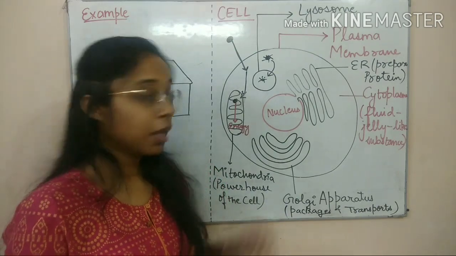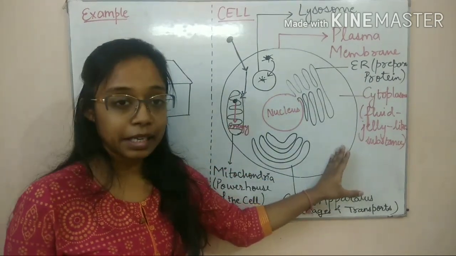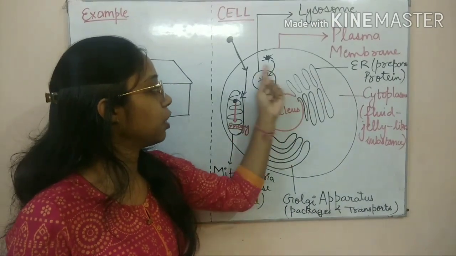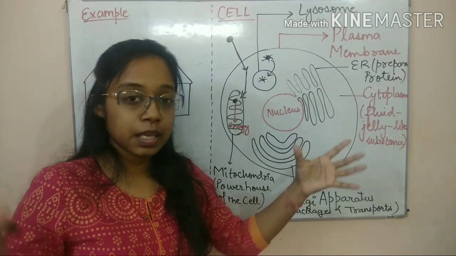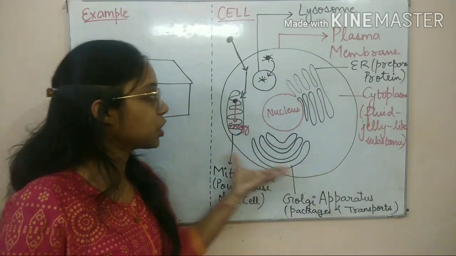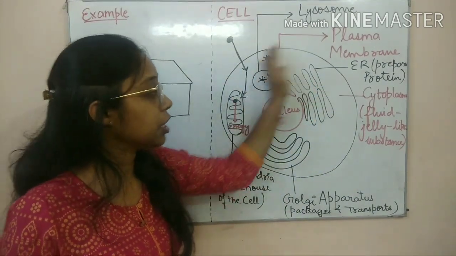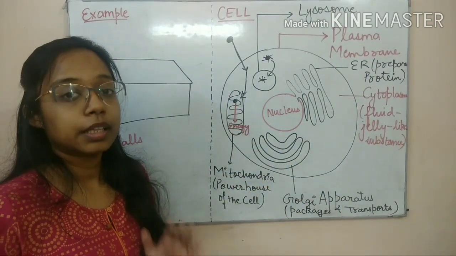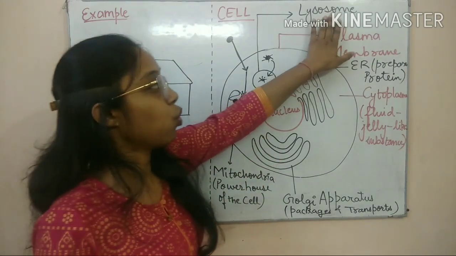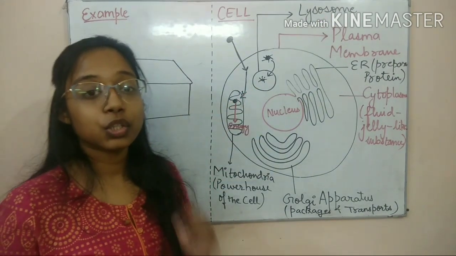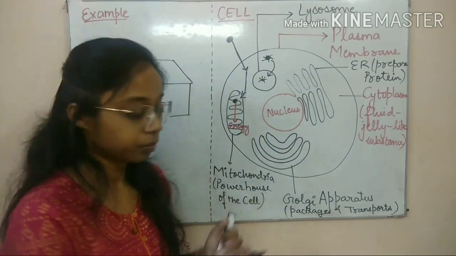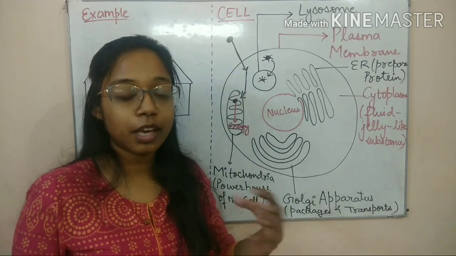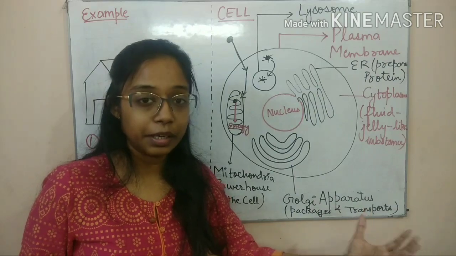So to help the cell in dying, this vesicle of lysosome bursts and a chemical is released from it which kills all the organelles and the complete cell. That is why lysosome is also called the suicidal bag, because they kill their own cell. That is what we call suicide.